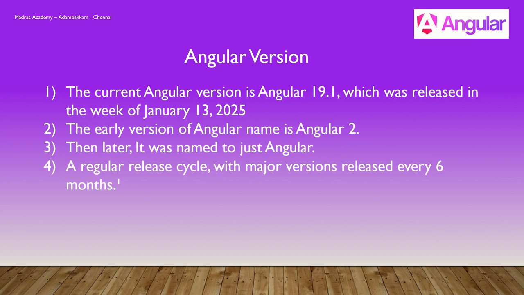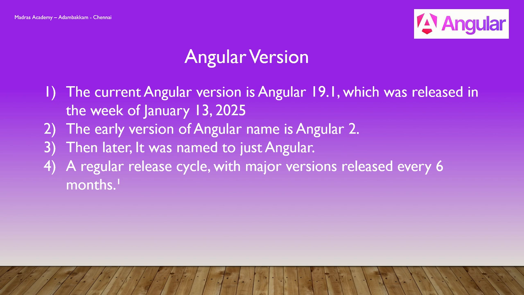Then later it was named just Angular. So why are we calling it just Angular? We are not saying Angular 17, Angular 18, like that. Why? Because every 6 months a new version is released.